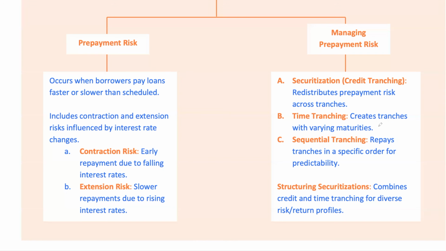For instance, a CMBS might have bond classes with short, medium, and long maturities to appeal to a broad range of investors. Then there's sequential tranching, where payments are made to one tranche at a time until it's fully repaid, adding predictability and appealing to investors who need steady, scheduled returns.